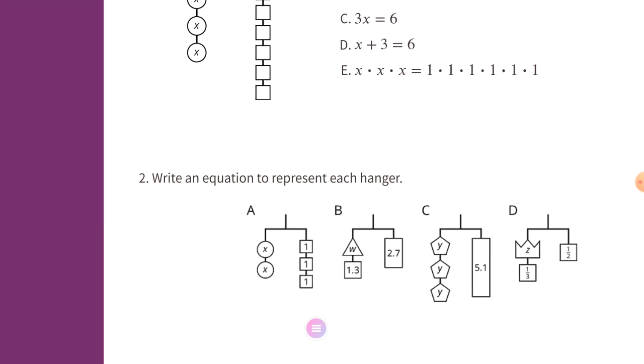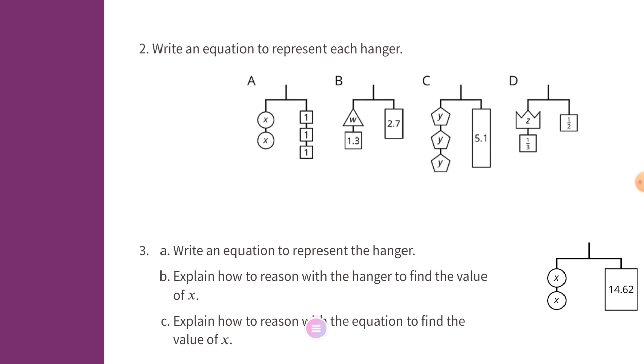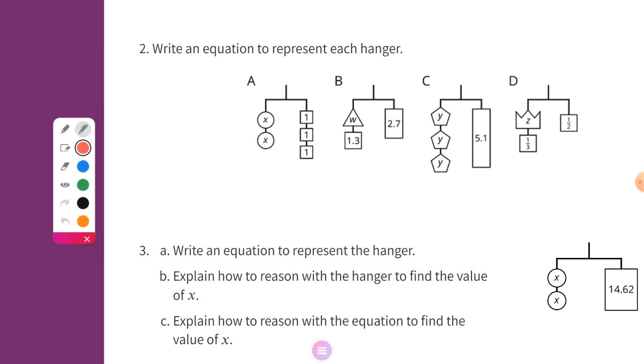Write an equation to represent each hanger. Who can give me their equation for A? Hallie, give me your equation for A. Okay, 2x equals 3 works. Did somebody have something else? I'm going to write all the possibilities up here. So 2x equals 3 works.